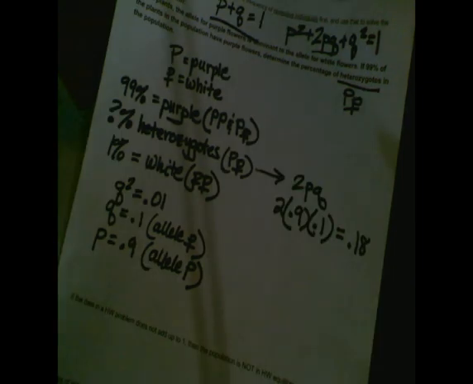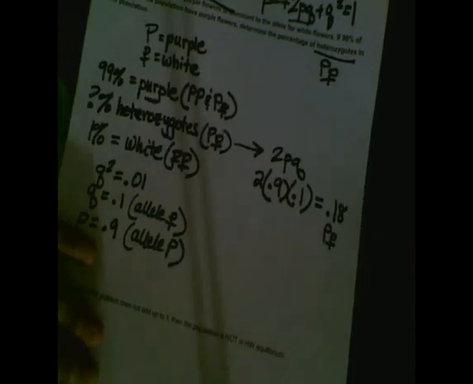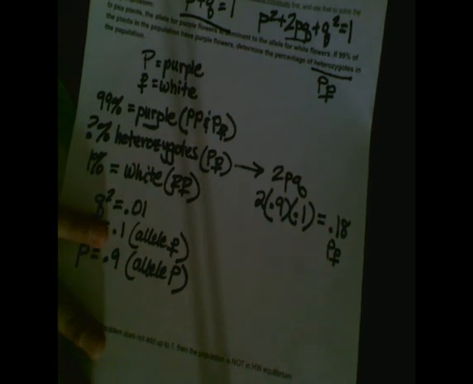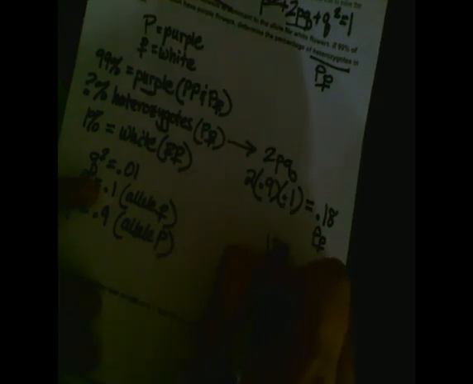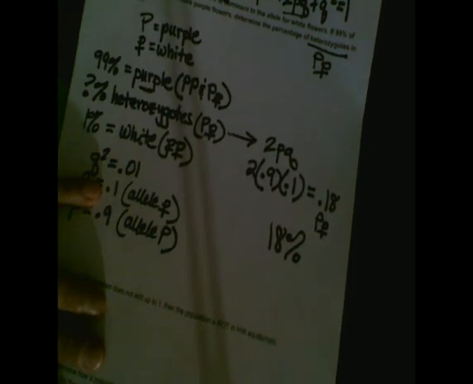And I end up with 0.18. So that means that the frequency of the heterozygotes is 0.18. And that is in decimal form, so the percent is 18%. And that is how you solve Hardy-Weinberg.